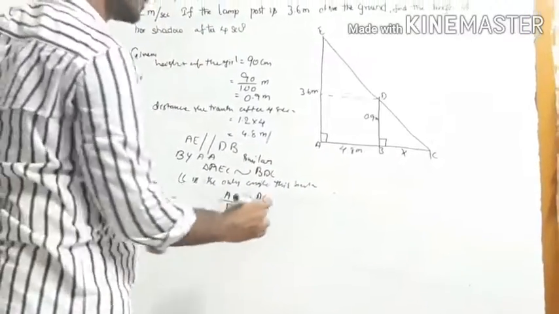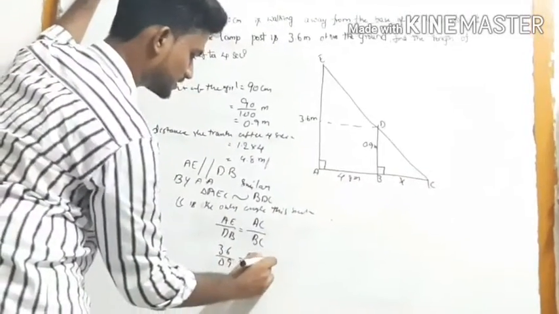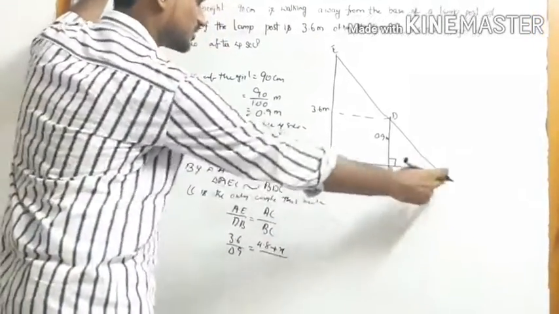It equals AC, which is 4.8 plus x, and BC equals x.